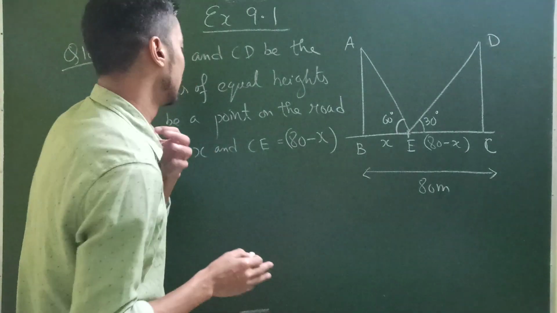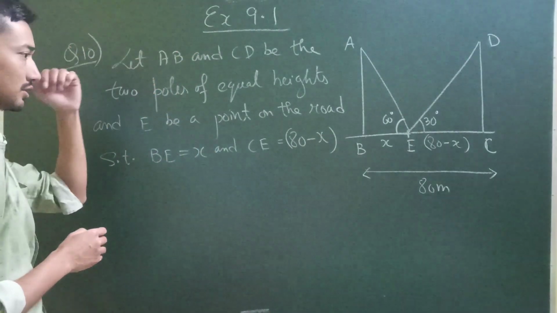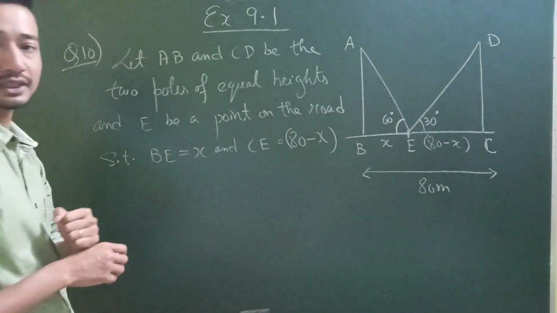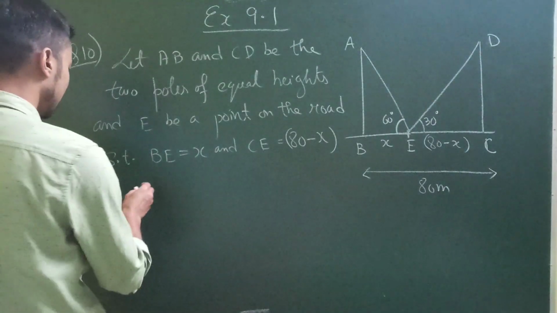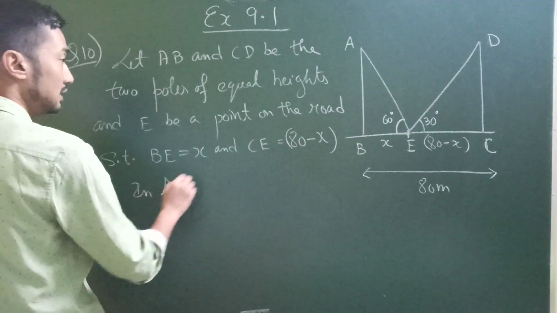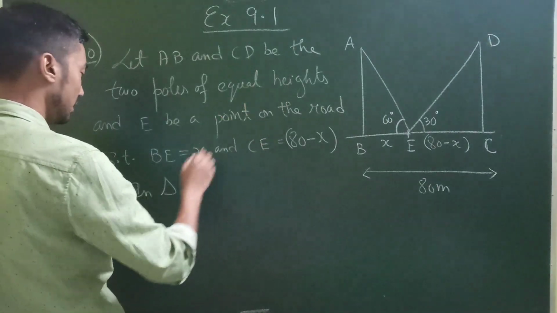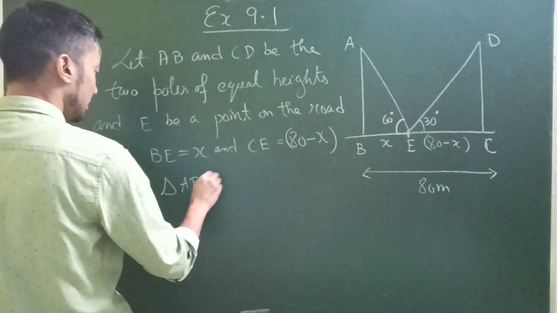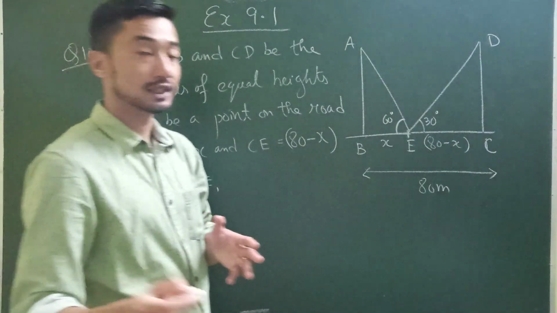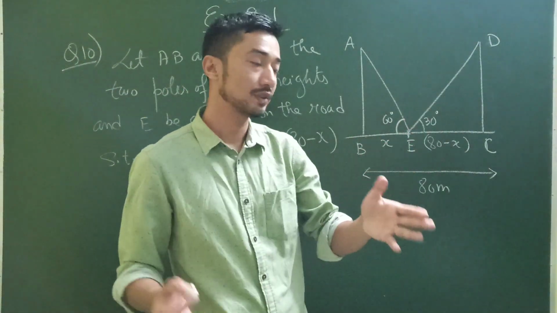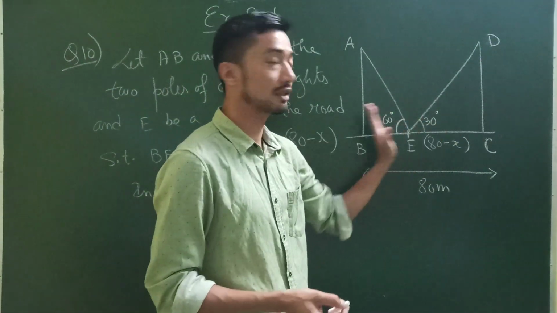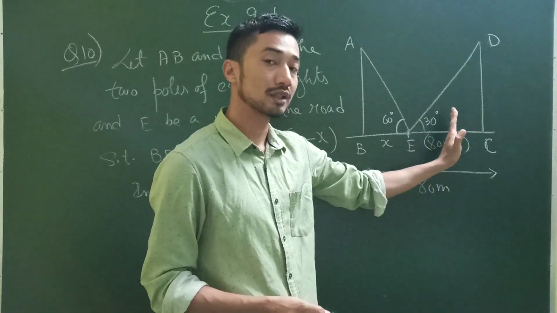So now let's solve one triangle at a time. Let's go for the bigger triangle, ABE. I repeat again, this is 60 and 30 for me. As per your figure, this can be 60 and this can be 30 also if you move that farther away.